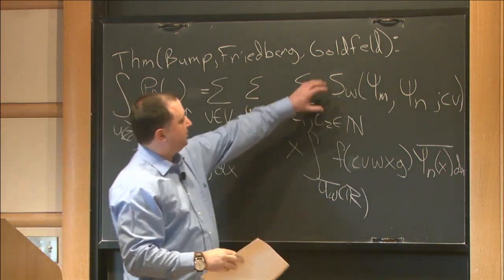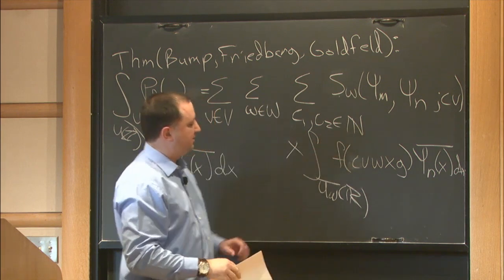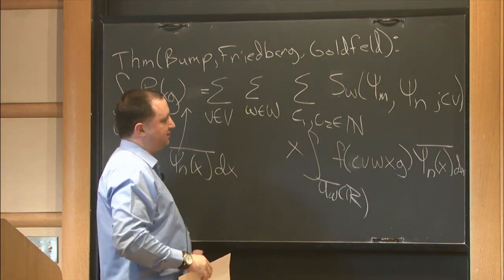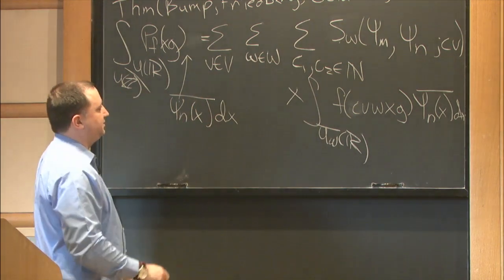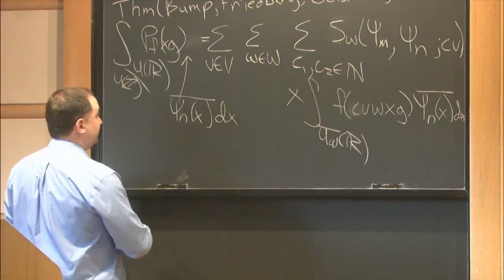Okay, so these are the finite places, and here is the Archimedean place. And these sums here, they're generalizations of Kloosterman sums.